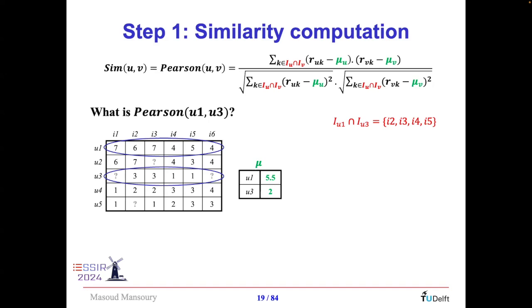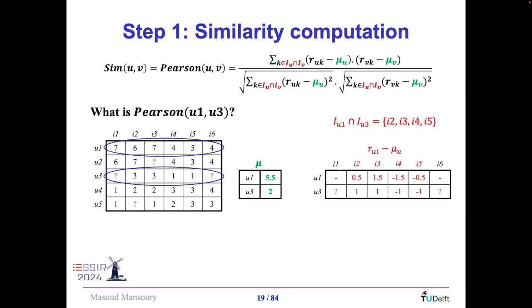That's why sometimes these algorithms do not work well, which we will also talk about later when we cover the limitations of these algorithms. So these are the sets of the overlapped items, the items that both users rated in the past.